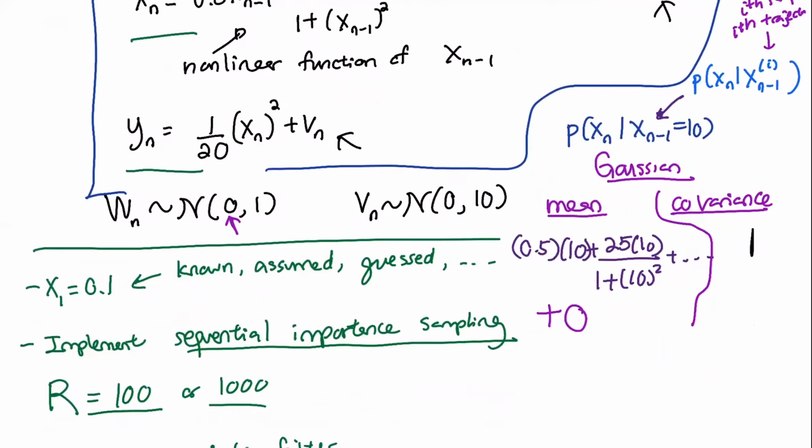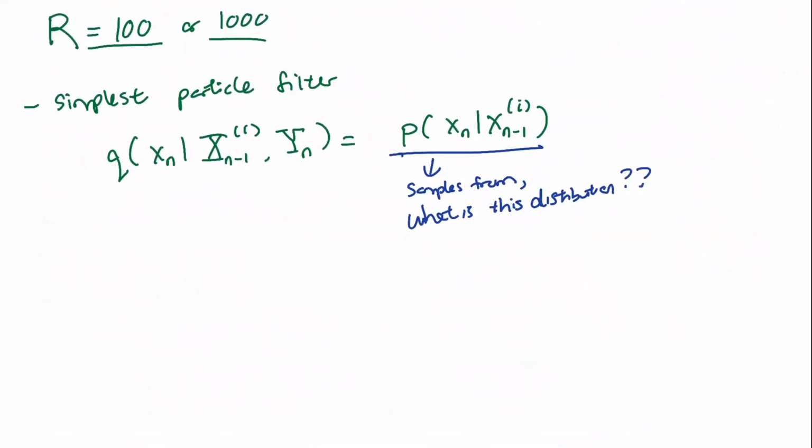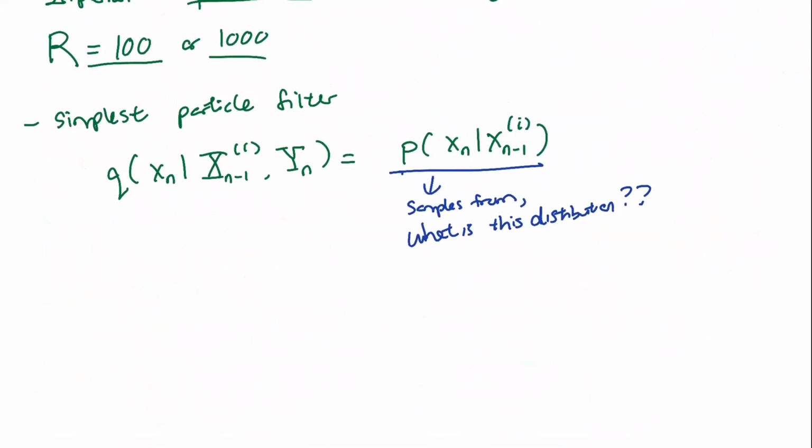Okay, so you see that in this simple example, from the state space model, I can actually derive what the importance distribution is. So now when I generate my sample, I'm going to generate it from a Gaussian distribution with mean 0.5 times xn minus 1 of the ith particle.